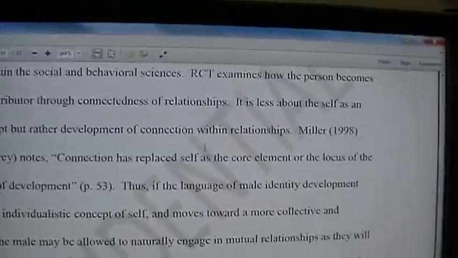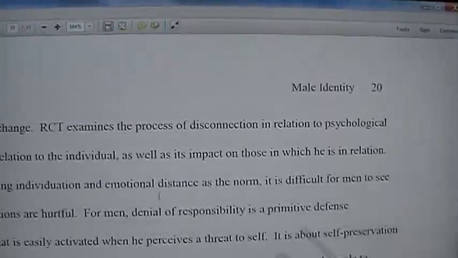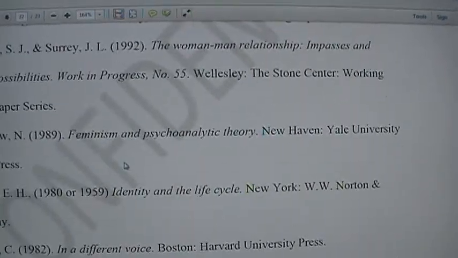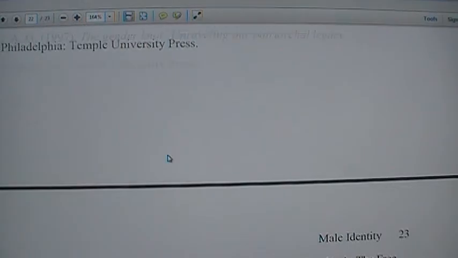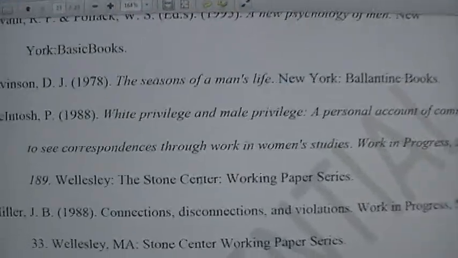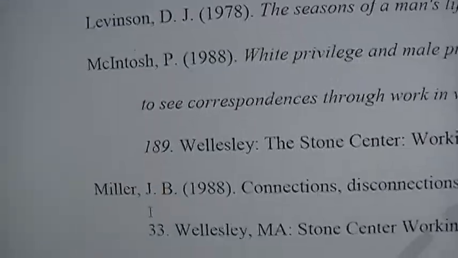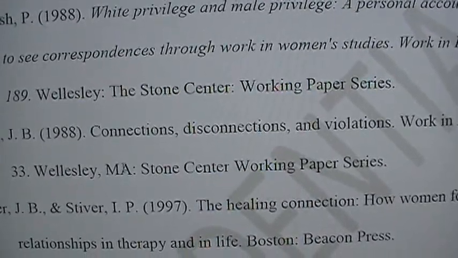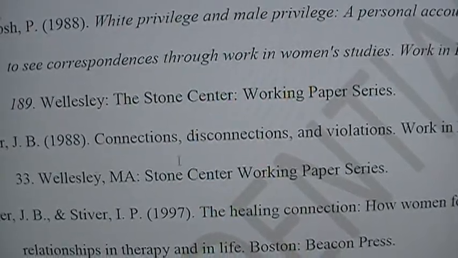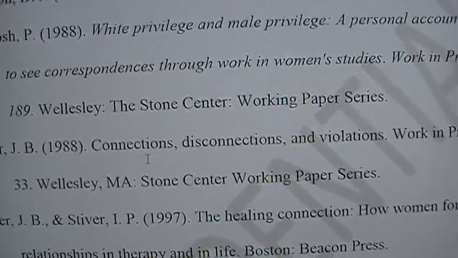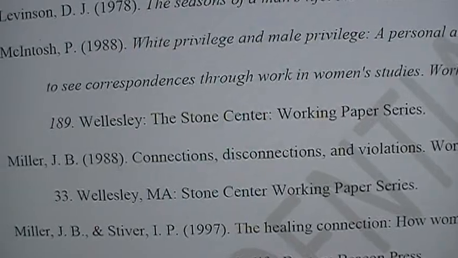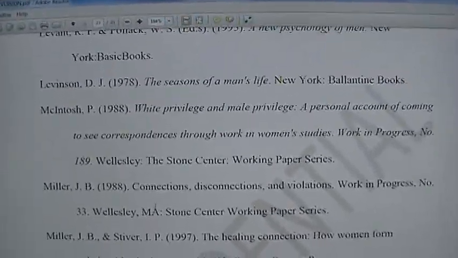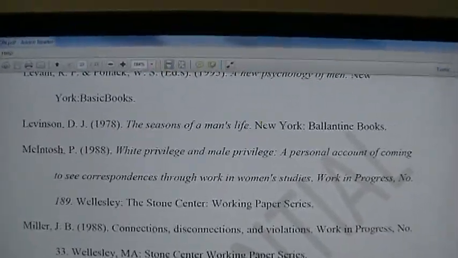That way I know that I can go down to the end, to the reference page, and find Miller, and I can actually go to this in case it's a paper that was published out of the Stone Center, and I can pull it up and find that specific citation that I referenced there to find out more information.